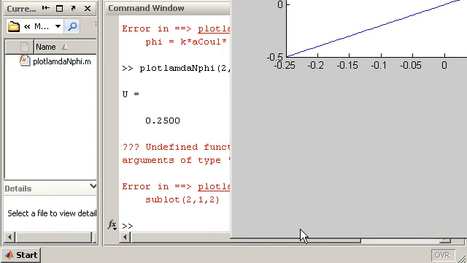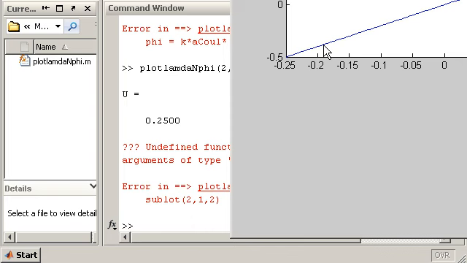Alright. Looks like I do have a function lambda. It's supposed to be a times x. I chose 2 times 10 to the minus 6. So for a I chose this 2, and it's microcoulomb, so 2 times 10 to the minus 6.